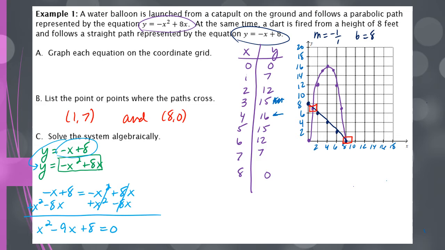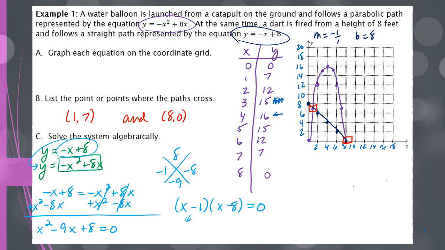So now here I'm going to use factoring. And the reason I'm going to use factoring is because it is factorable, and in my opinion, it's less work to do it this way. So I need two numbers that multiply to 8 and add to negative 9, which would be negative 1 and negative 8. So my polynomial factors into x minus 1 and x minus 8.